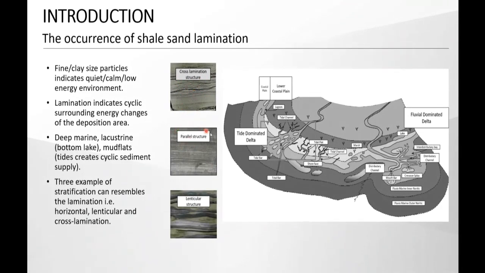Here you can see an example of a parallel structure, and this is a lenticular structure. The environments normally associated with this kind of sediment structure are deep marine, lacustrine, and mudflat, which normally have very calm energy.